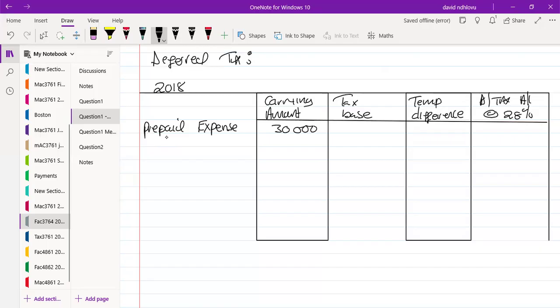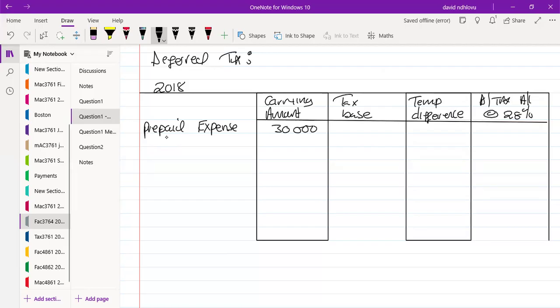Right, what is SARS going to do concerning this in 2018? When you make a prepayment in a particular year, SARS will account for it in that particular year in determining taxable income, isn't it? Yes. So if SARS is accounting for it in 2018 in determining taxable income, then there is no balance that remains.